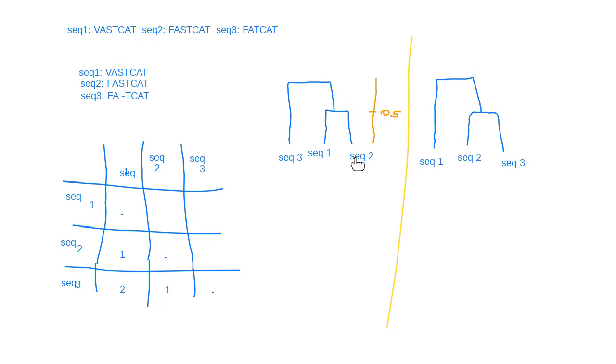They agree on everything. So you're going to take the average between the distance of sequence 1 and 3 and the distance between sequence 3 and sequence 2. So sequence 3 and sequence 1 is 2, and then sequence 3 and sequence 2 is 1. So 2 plus 1, 3. And then you split it in half. So it's going to be 1.5. So this guy here will be 1.5.